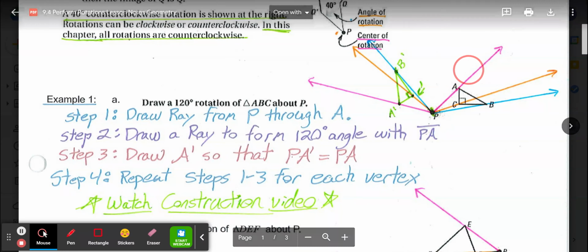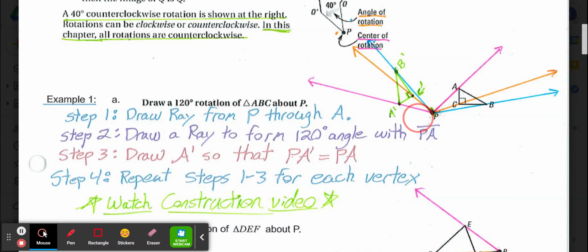So P through A. Then what I want to do in step 2 is I'm going to measure 120 degrees from that ray, and then I would draw my other ray, which is P to A prime. And then what we need to do is measure the distance from P to A, measure along this new segment to tell us where A prime goes.